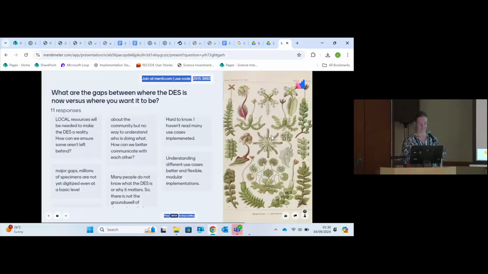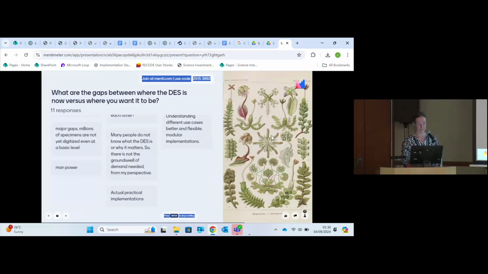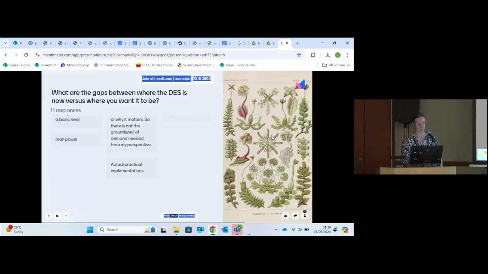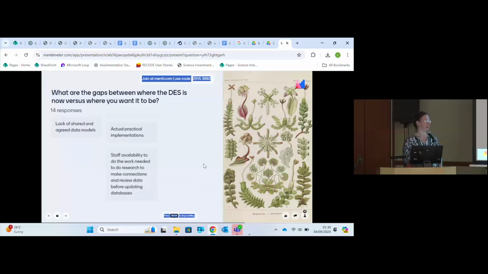And we got lots of responses from you about gaps that are still out there that we need to take into account. So we're starting to be on time, and we will go through your responses in detail after the session.